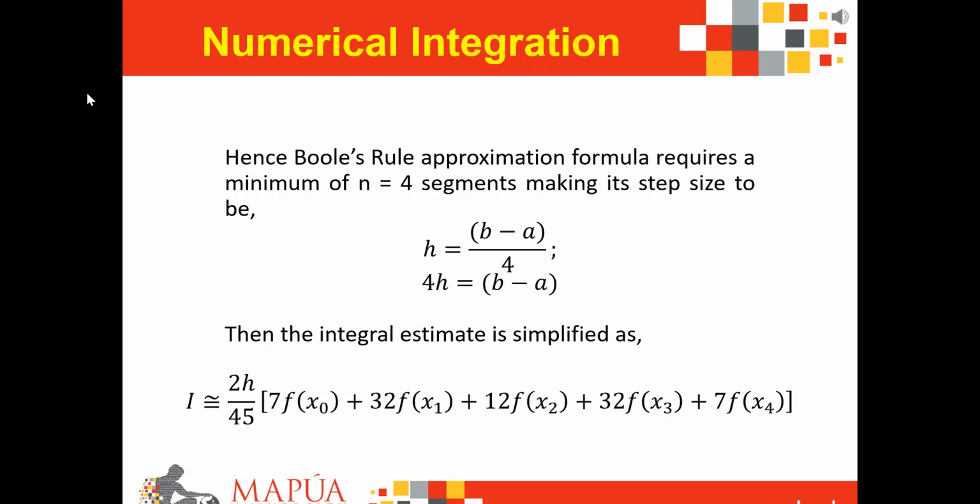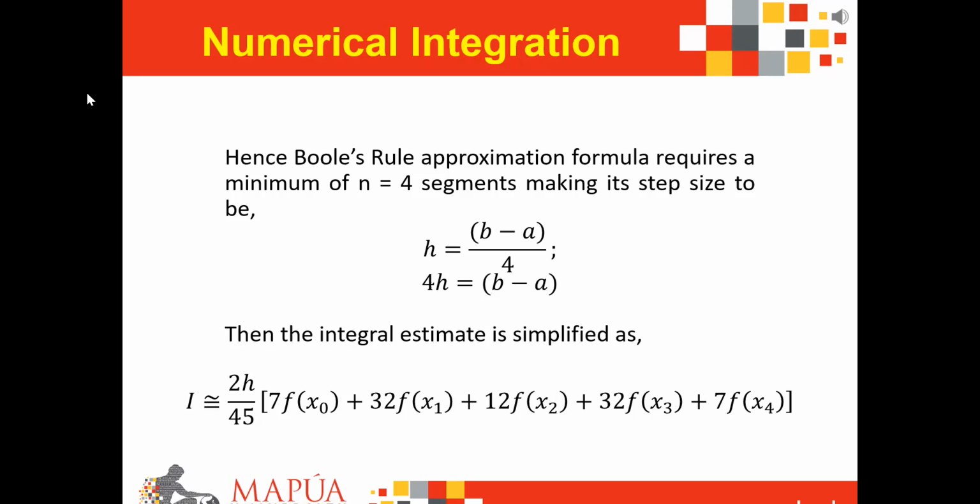And this factor of h is multiplied with a pattern of your function, which now becomes 7 multiplied to f(x0) plus 32 multiplying f(x1) plus 12 multiplying f(x2) plus 32 multiplying f(x3) plus 7 multiplying f(x4). This then is the integral estimate for one fourth order interpolating function.